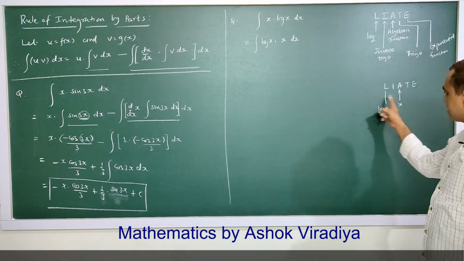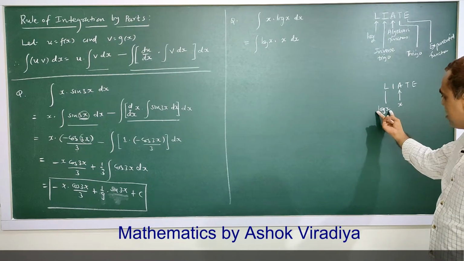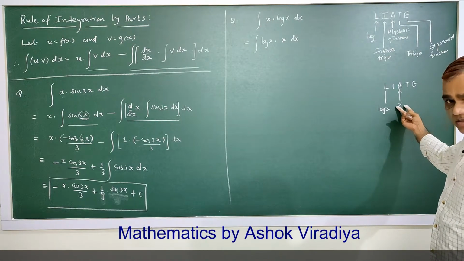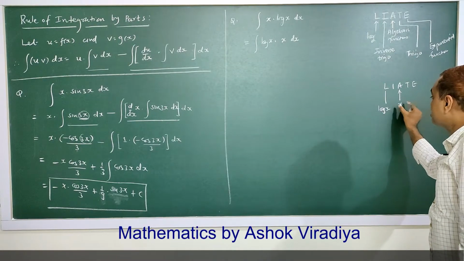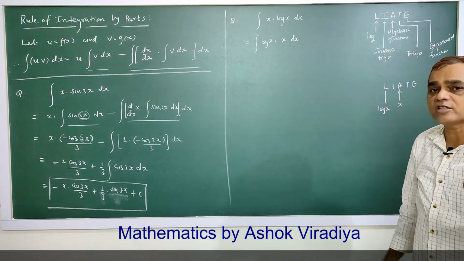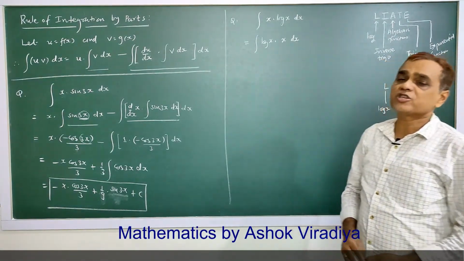Now observe this sequence: log x is on the left and x is on the right side. So log x should be taken as u and x should be taken as v. This is the trick to integrate easily, to apply this rule of integration by parts.